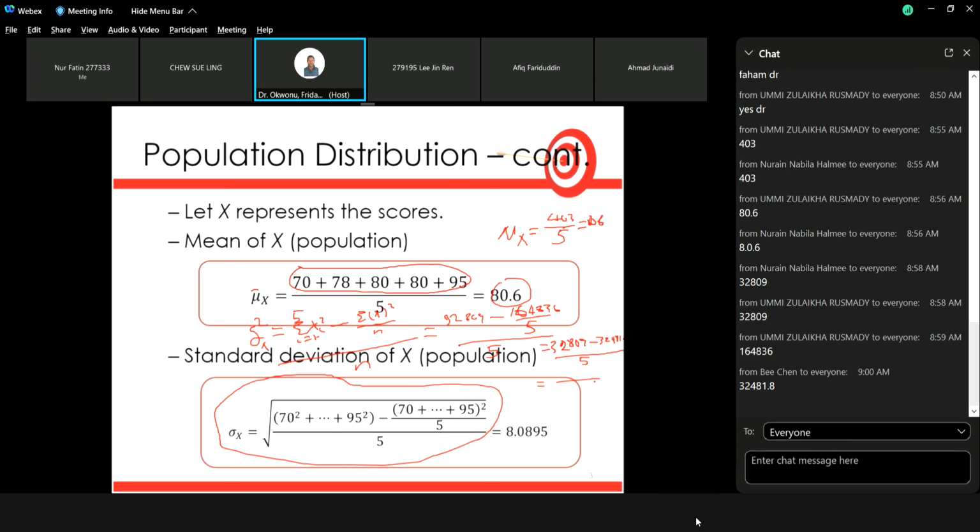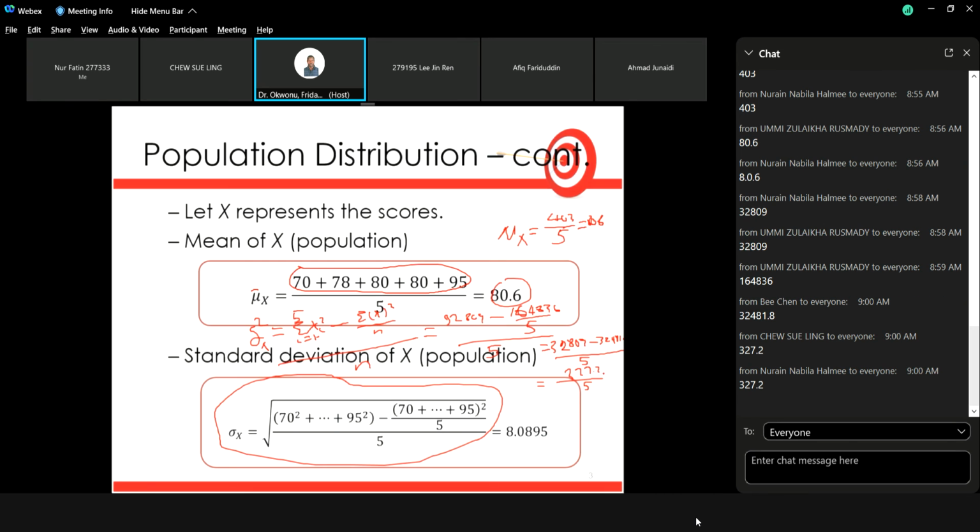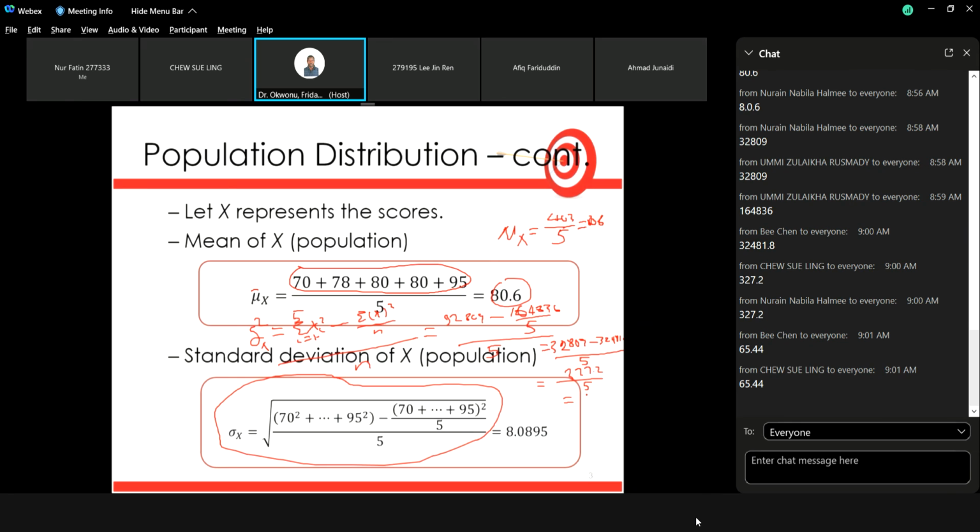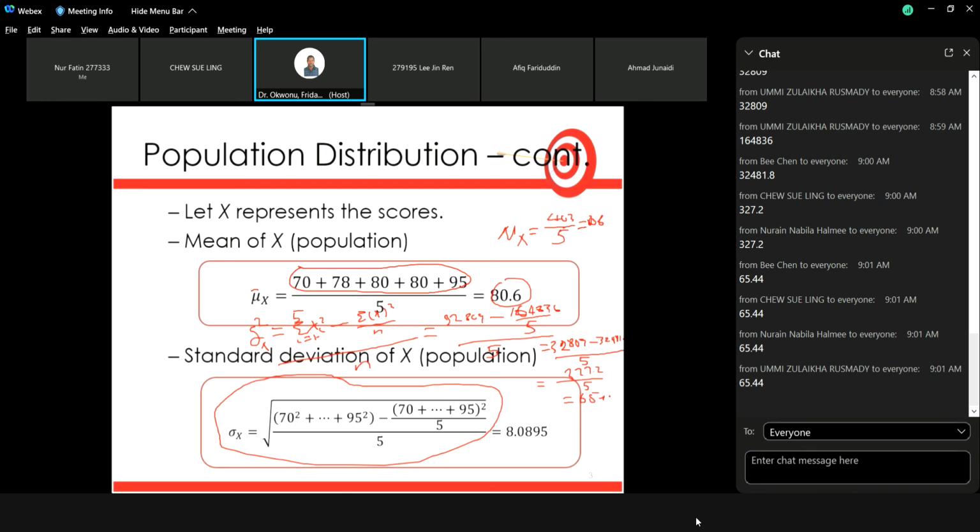The numerator difference? 327.2. Okay, so what is the variance, divided by 5? 65.44. So this is now the variance, isn't it?